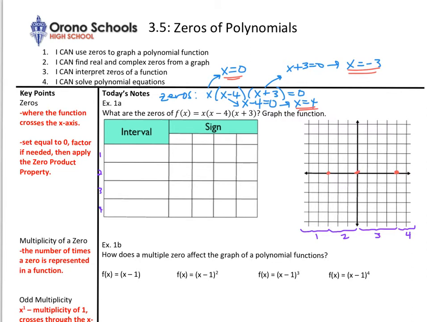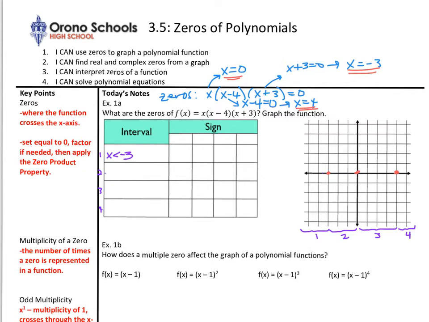Now the rule for the interval is going to be based on the zeros. For example, interval 1, the closest zero is at negative 3, but it can be anything to the left. So I'm going to say for my interval that x has to be less than negative 3. That's our first interval. I'm going to go ahead and get rid of that purple just so that it doesn't mess with us when we draw our graph in. For our second interval, the boundaries are negative 3 and 0 on the x-axis.